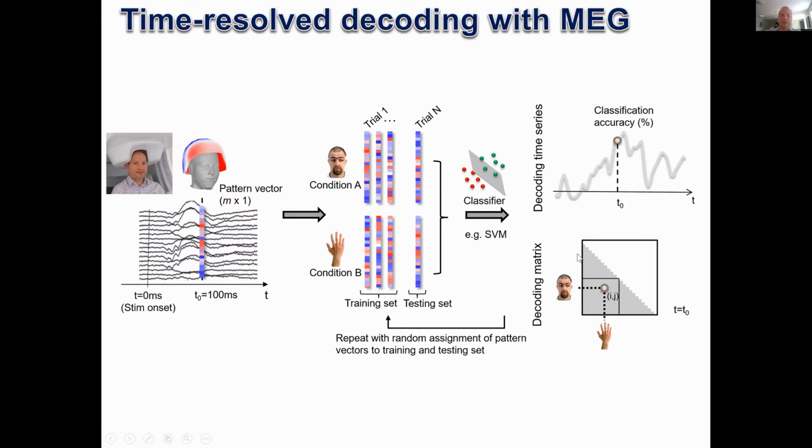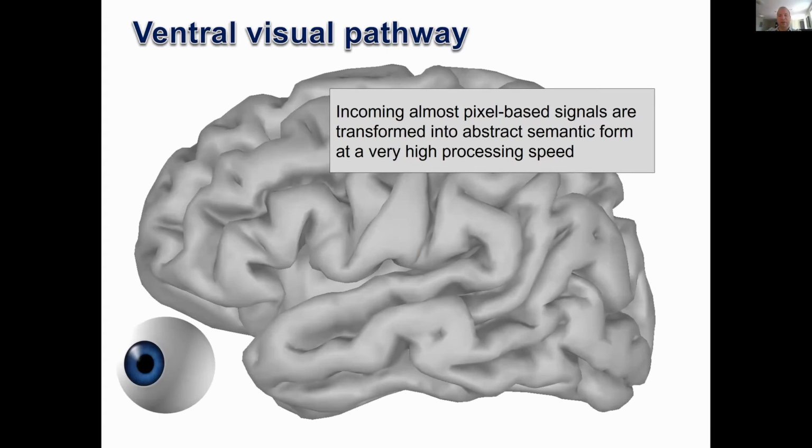So we present 100 stimuli. This would be 100 by 100 matrix. Every element here would be how well we can decode the 2 elements. And of course, this matrix will also be time resolved, meaning that at different times, we will have a different such matrix. And let's see now how we use these ideas to study human vision.